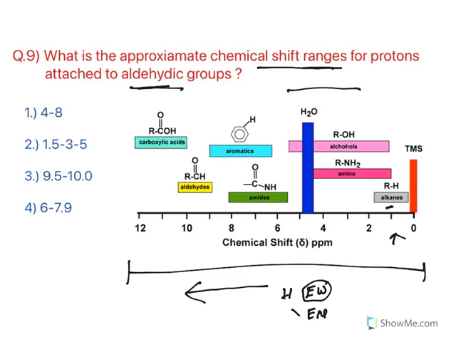When you keep moving down, aromatic protons, see, the aromaticity will try to pull the electrons, and the hydrogen values occur at around 6 or 7. Amide, aldehydes, carboxylic acid, the moment the proton is attached to a highly electronegative atom, the signal occurs at higher values, and it is 9.5 to 10. Aldehyde, the signal occurs at this value.